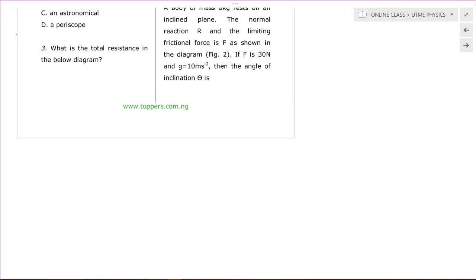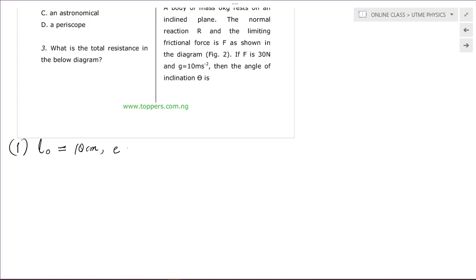Number 1 says that the original length of that material is 10 centimeter. We can convert this, it depends, but let's leave it.